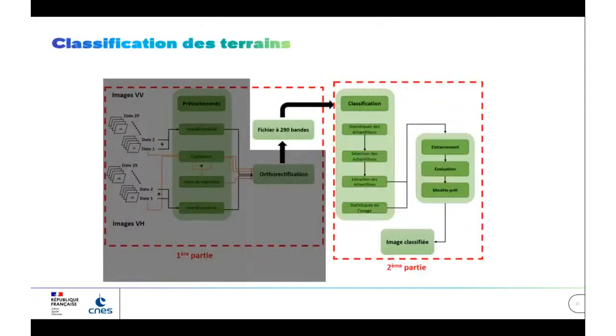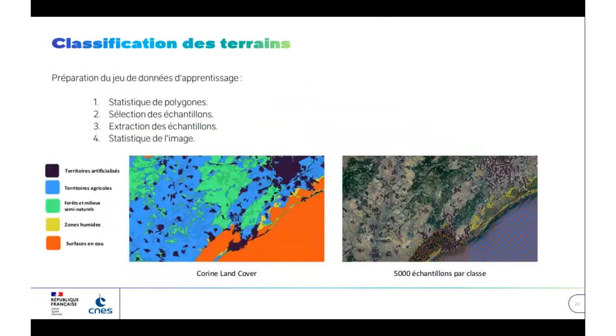All right, so once we have our data ready, we can move on to the data analysis part, the machine learning part. Here, once again, we used OTB for this part to extract the statistics of each polygon, select samples, extract the samples, do the image statistics for normalization purposes, and all of those cool things that the future OTB machine learning module will allow us to do.